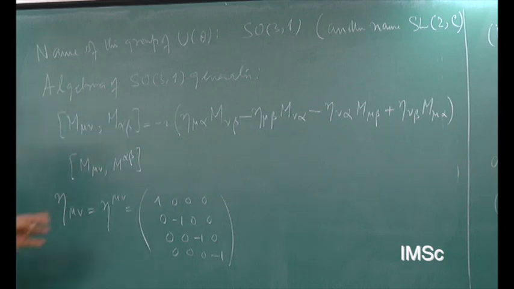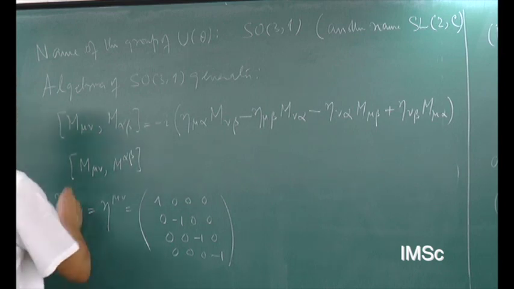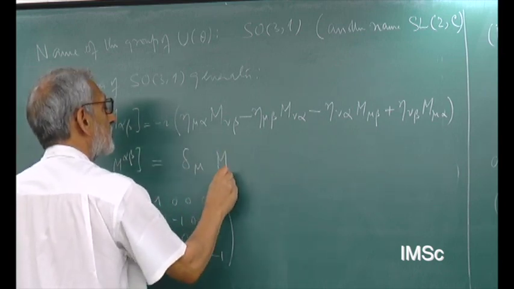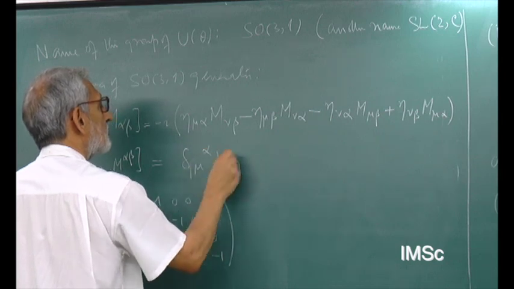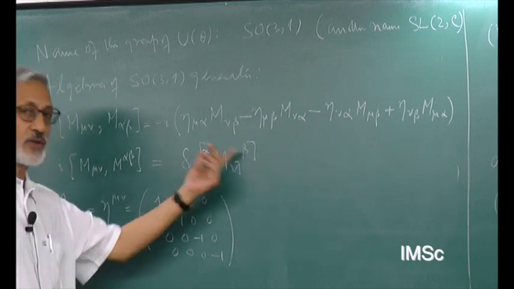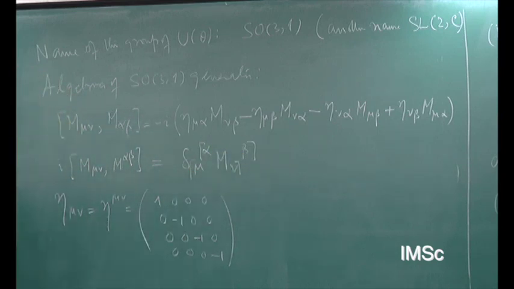Raise and lower these alpha betas through this metric, multiply by i, then square bracket means antisymmetrize this pair, antisymmetrize this pair. Another quick way of remembering this relation. So that describes the Lorentz group and its generators.